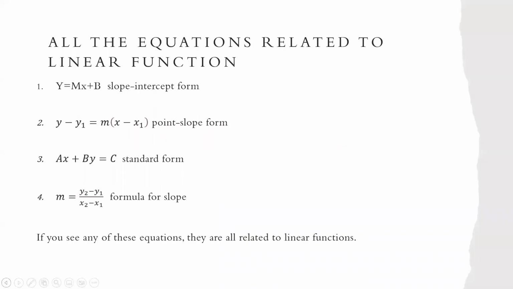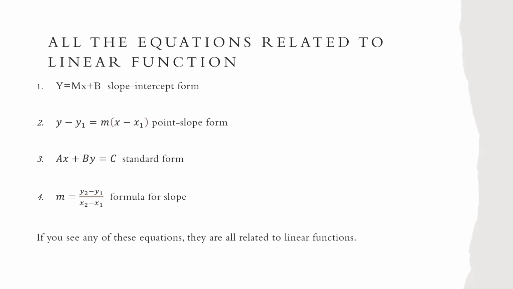These are all the equations related to linear functions. I want you to write this down. Go ahead and press pause if you need to. The first equation is the most famous one. You're probably going to use it most often. It's called the slope-intercept form.